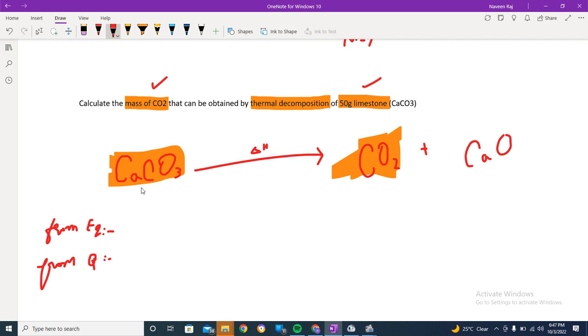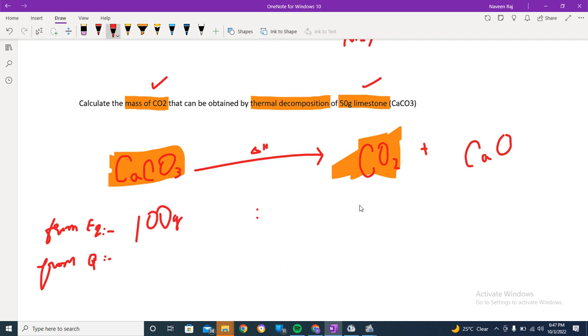This is a molecular compound, so we can get a molecular formula for CaCO3, limestone. So what would that be? It would be 100 grams. You can calculate that: 16 into 3, oxygen 16 into 3, plus 12 plus 40, so that would be 100 grams.